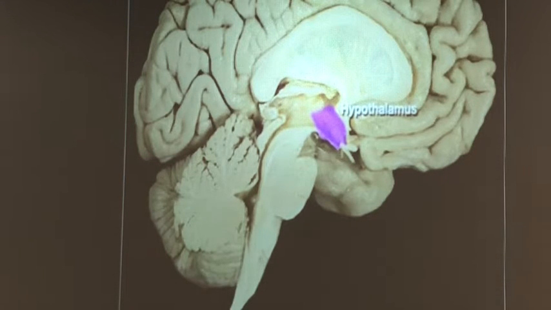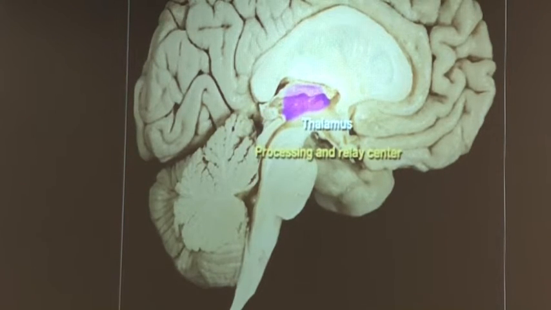If you follow the hypothalamus down a little bit and to the right, we get to the master gland, the pituitary gland. And epithalamus. The thalamus is a major processing and relay center for information entering the cerebral hemispheres.